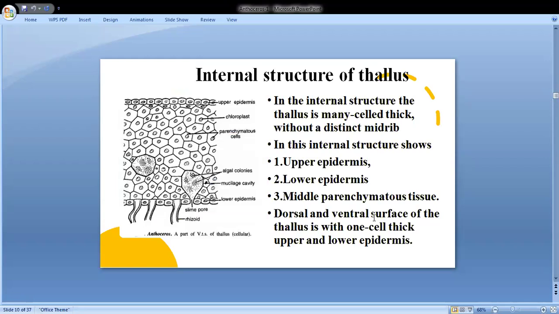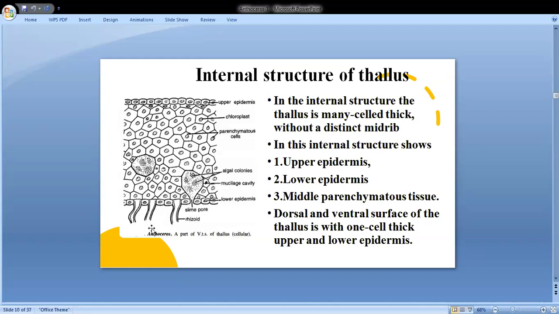Next, we are coming to the internal structure of the Anthoceros thallus. Let me ask some questions from Marchantia. What is the difference in the internal structure of Marchantia and Anthoceros? What are the parts we observed in Marchantia? Tell me anyone.